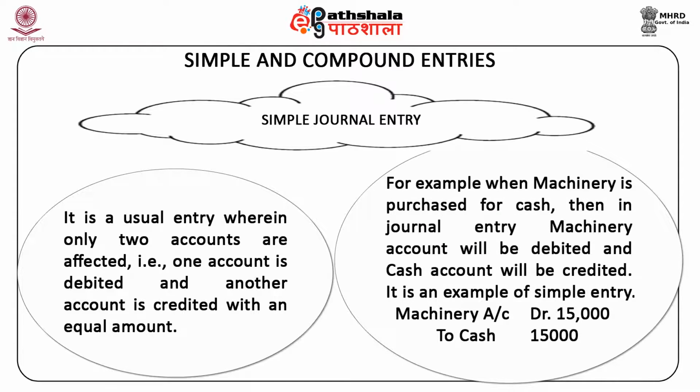For example, when machinery is purchased for cash, then in journal entry, machinery account will be debited and cash account will be credited. It is an example of simple entry. Say machinery account debited 15,000 to the credit of cash account 15,000.